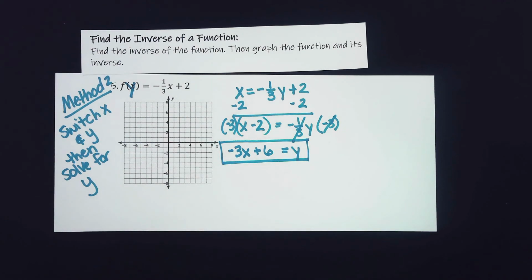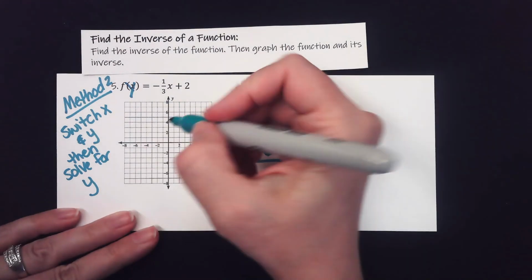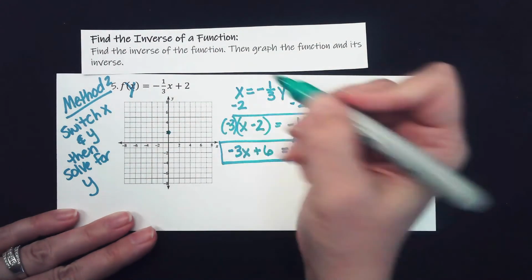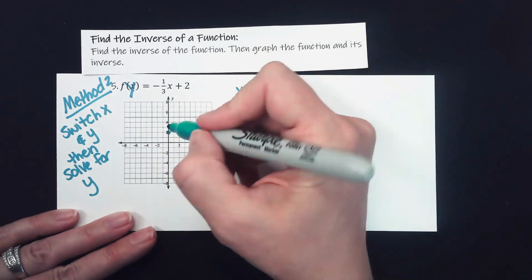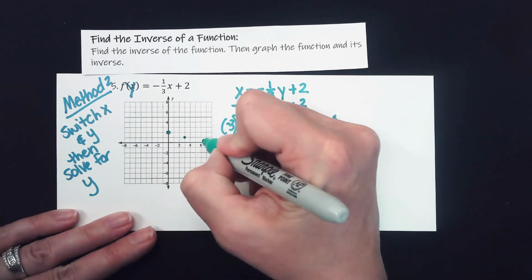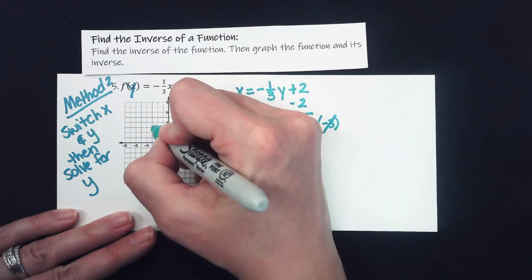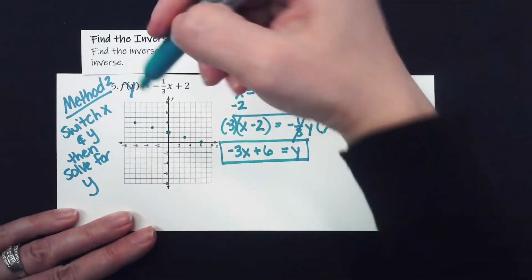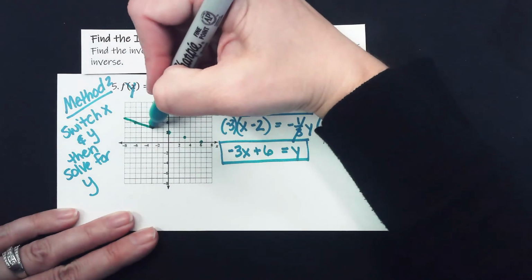All right, so I'm going to start by graphing my original equation. It has a y-intercept of 2 and a slope of negative 1/3, so down 1, right 3. And it looks like this.